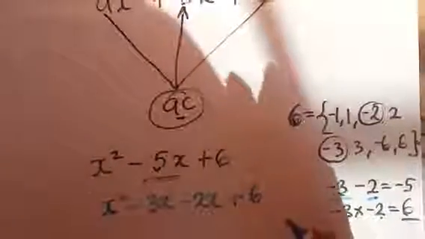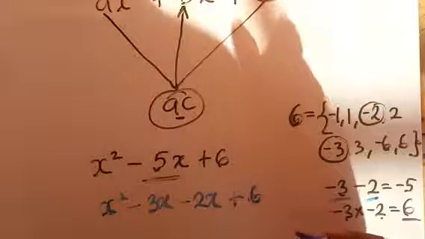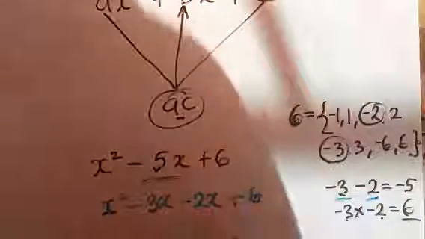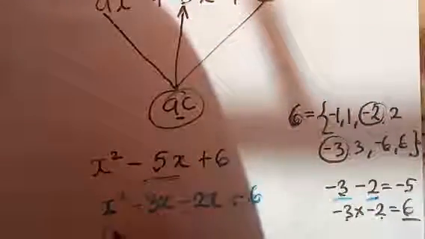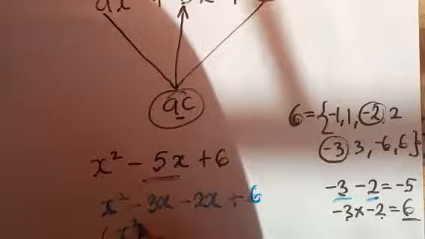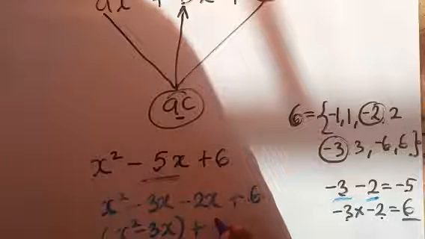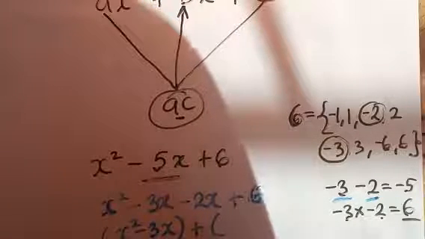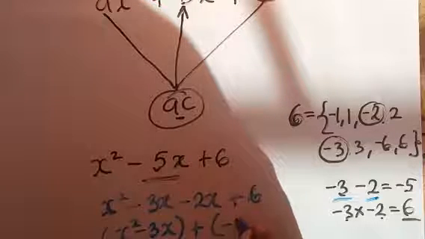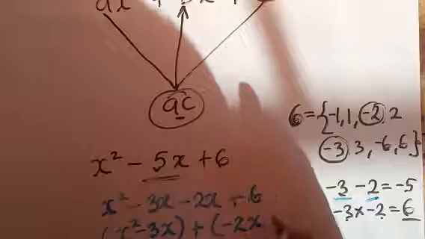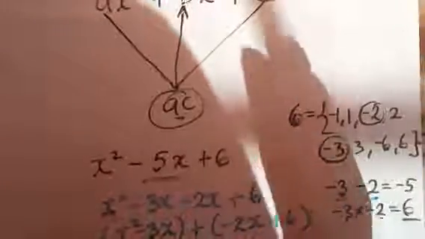So what we do now is we try to group it. So grouping, we'll have x squared minus 3x in one bracket, plus, in another bracket, I told you in between the brackets must always be positive, so we got negative 2x plus 6. You close this bracket.